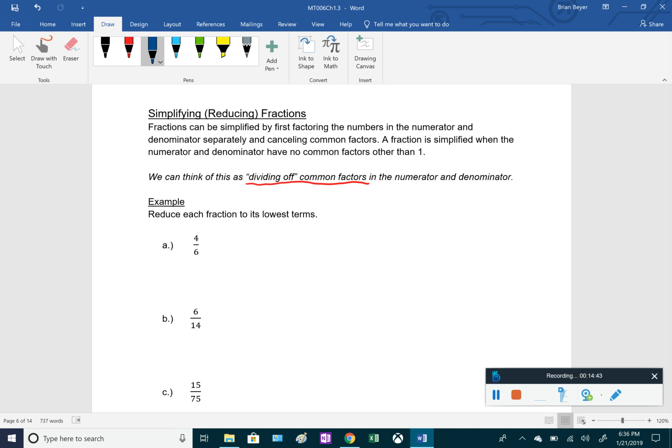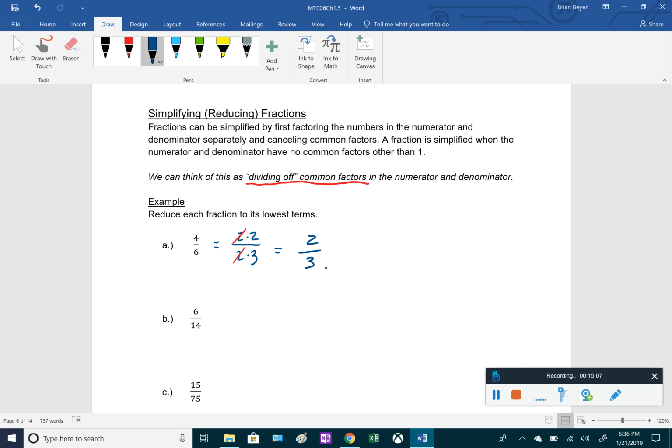So let's reduce each fraction to its lowest terms. For the first one, we have 4 over 6, 4 sixths. We can factor 4 as 2 times 2, and we can factor 6 as 2 times 3. We can cancel common factors because 2 divided by 2 equals 1 over 1. So we're just left with 2 over 3.